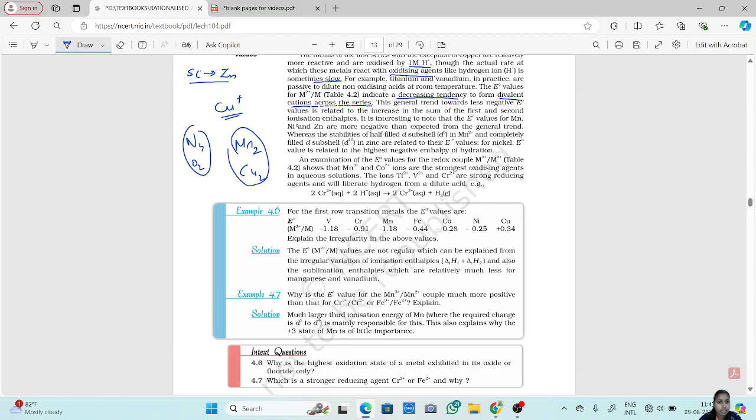So divalent cations are not possible in this series. The general trend towards the less negative E naught value is related to the increase in the sum of first and second ionization enthalpies. So the negative E naught value, or negative standard electrode potential, depends on the sum of first and second ionization enthalpies.